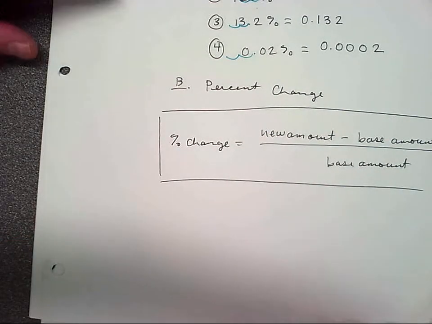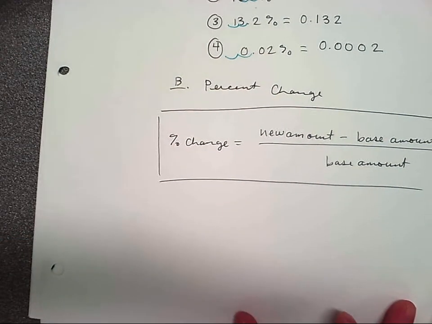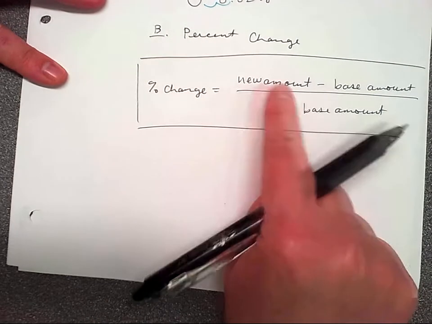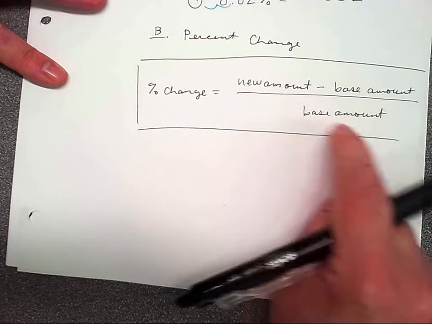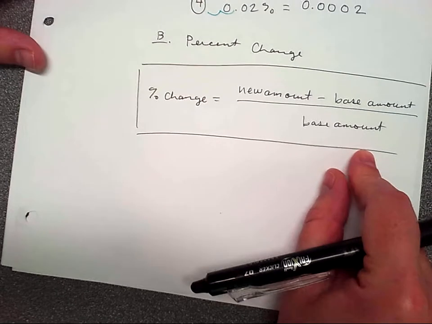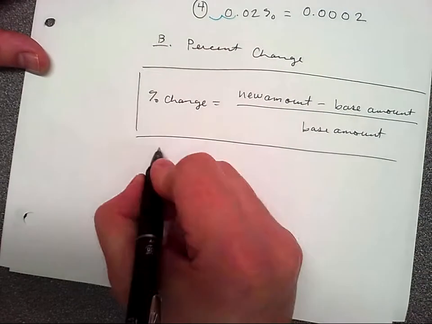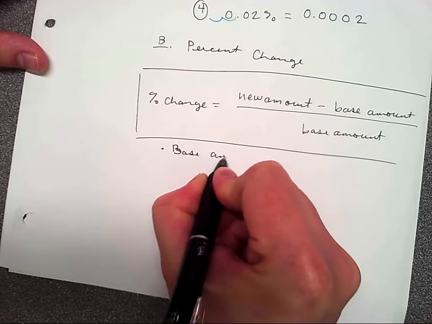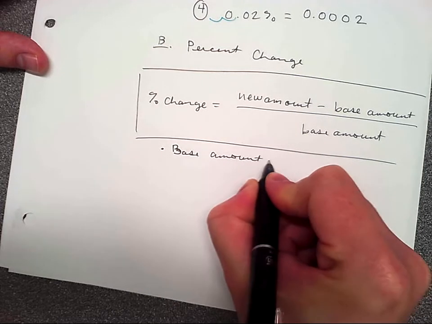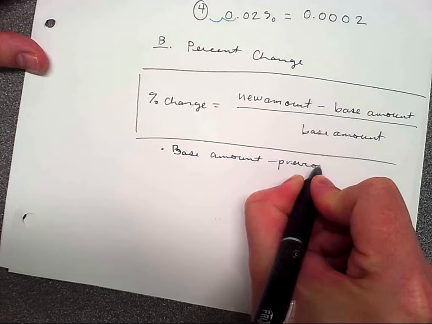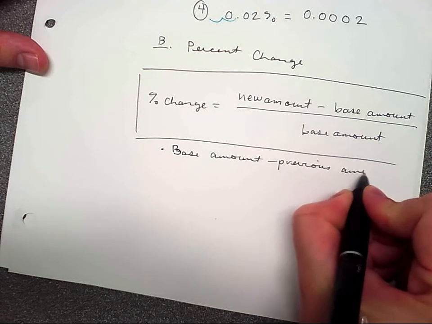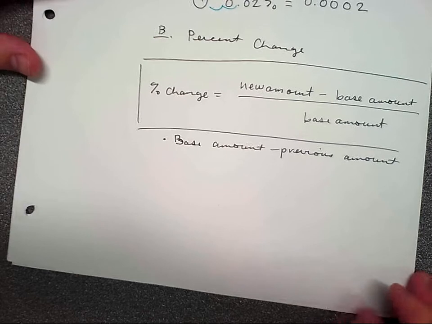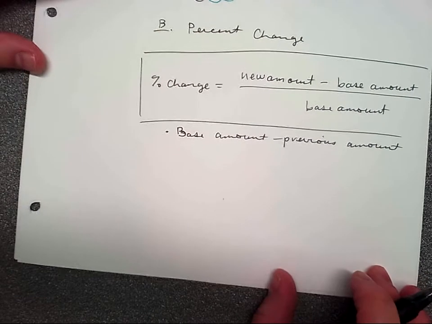Put it in a box, you got to know it. So the percent change equals the new amount minus the base amount divided by the base amount. The base amount can also be called the previous amount. Okay, so we have this formula. Now let's do some examples and see how to use it.